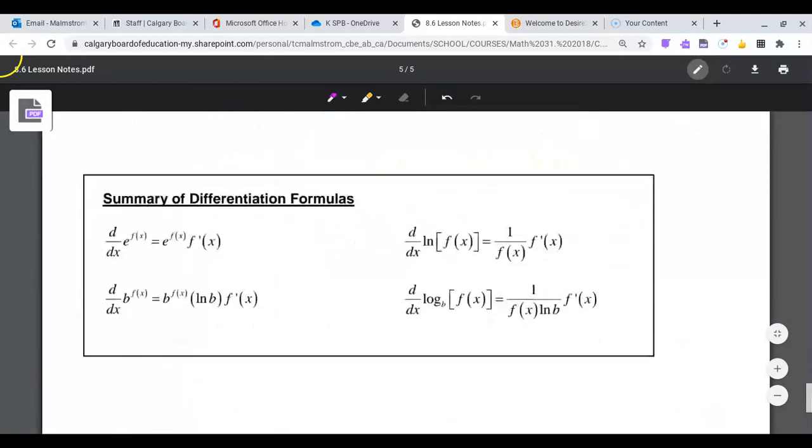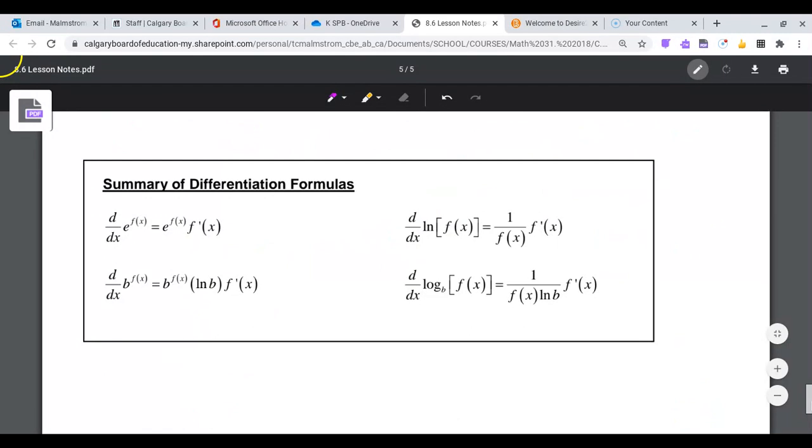And then down below is just a summary of the differentiation formulas that we looked at in chapter 8. So e to the power of a function, this is the same as e to the power of u, and then du dx. I like the u's better than the f of x, but maybe you like that one better. And then if you have something other than e as a base, just pay attention. b to the power of u's derivative will be b to the power of u ln b.